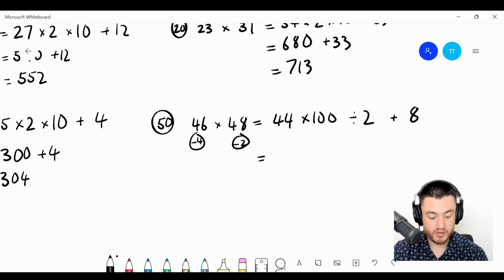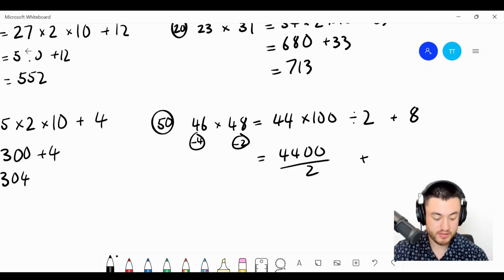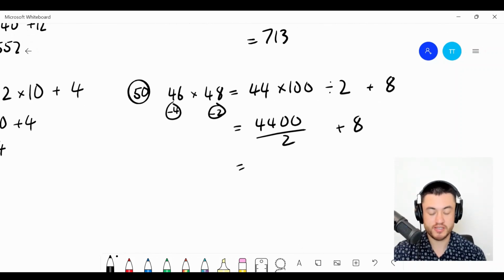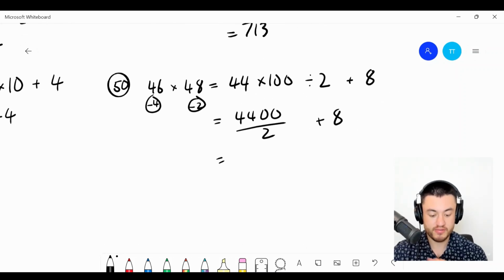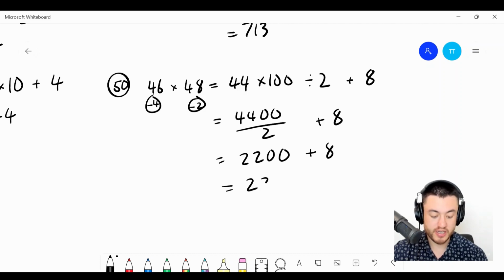So we have 4,400, and we're going to halve that. So right now I'm writing out the full calculation, but remember this is more of a verbal process rather than a full written out solution. So 2,200 would be half of that, plus 8 is 2,208.